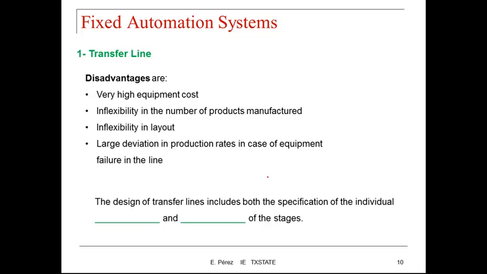Large deviation in production rates in case of equipment failure in the line. As these processes are sequential, you need all the machines to be ready to complete the process. So if one of them fails, then you can imagine that you cannot complete the production that you are expecting, because that machine will not allow you to do it.